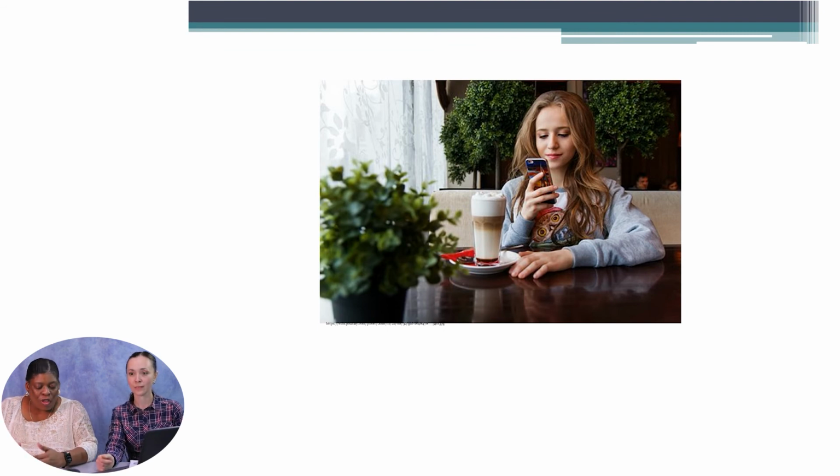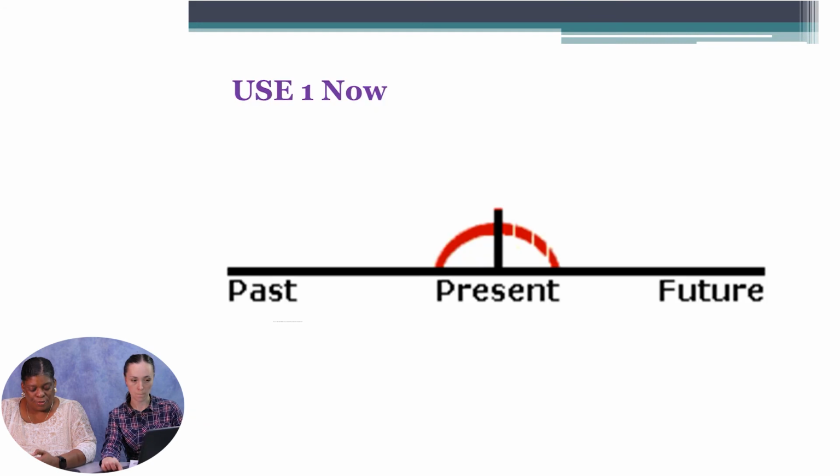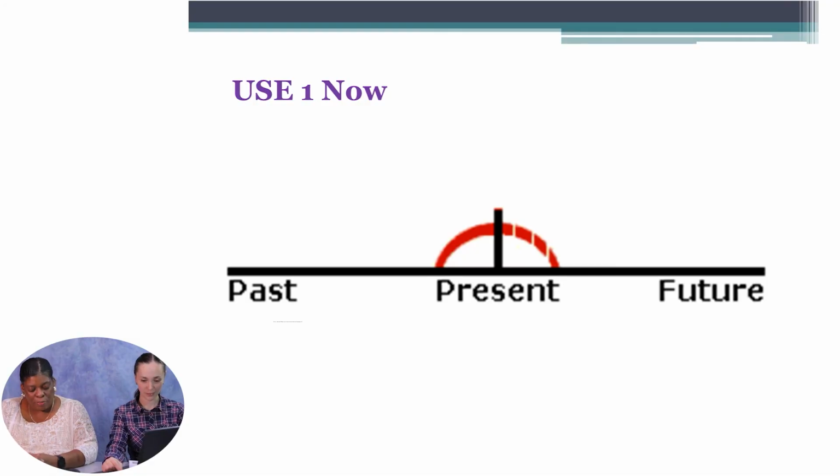All right. Let's make a little transition now into our verb tenses. So, we will continue to speak about the present continuous tense. Let's look at the first use of the present continuous tense. Use the present continuous tense with normal verbs to express the idea that something is happening now, at this very moment.